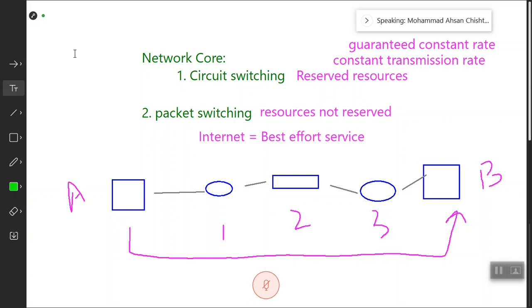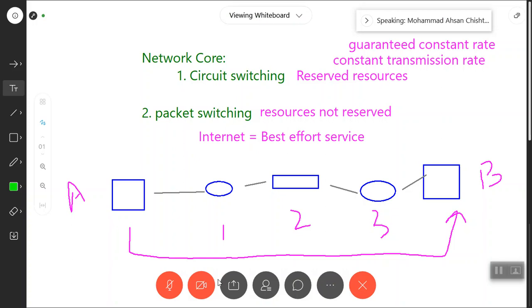Best effort service. Okay. How to explain this best effort service? Let's say I have here Naveed. Okay, Naveed, are you listening?